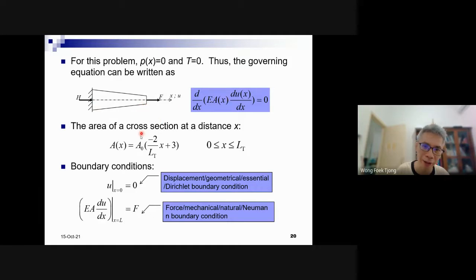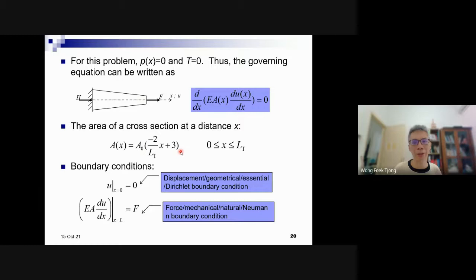It's a function, given by this one, because at x equals 0 it is 3, and when x is LT it is 1. This is a linear function, so the cross section varies linearly. Please ask if you have any questions regarding the differential equation, where A here is this one.